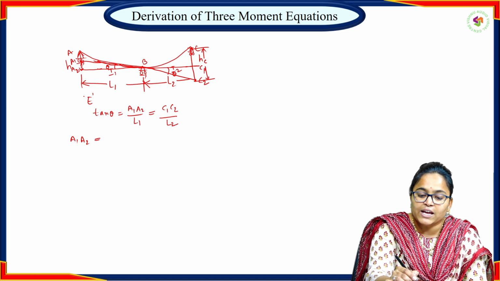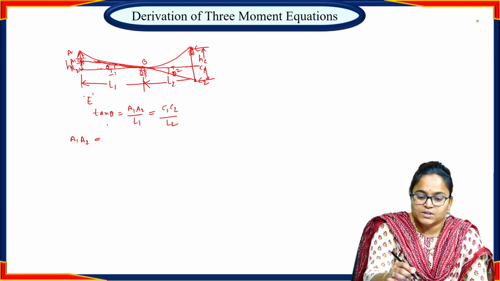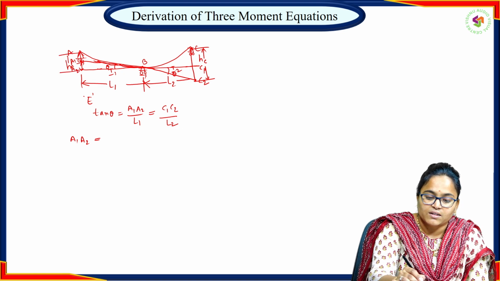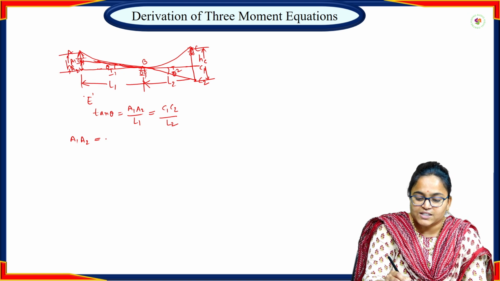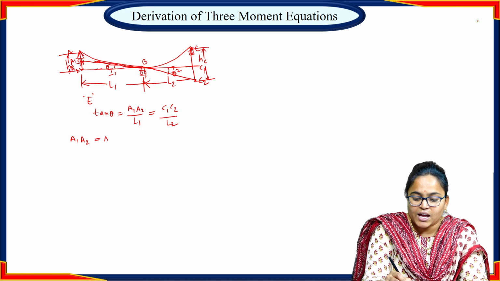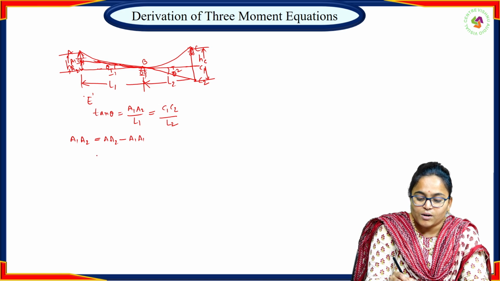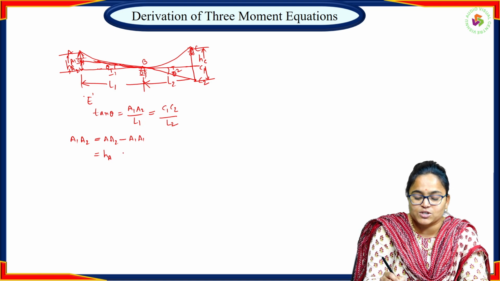So we can write A1 A2 in terms of AA1, AA2 and HA. This whole deflection is HA. So we can write HA, that is AA2, minus AA1 will give A1 A2. Now A2 will be HA from the assumption minus A1 A2.